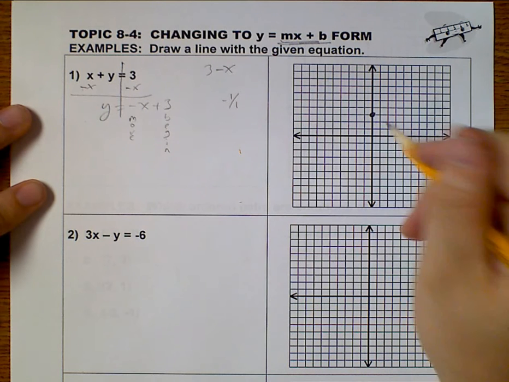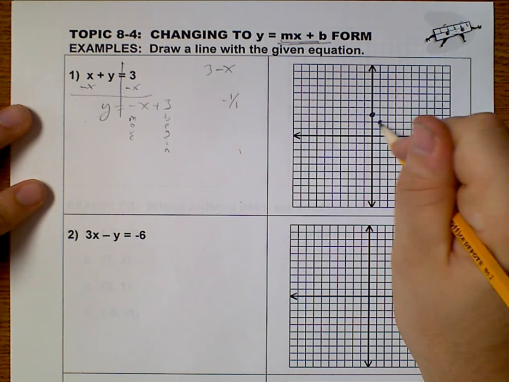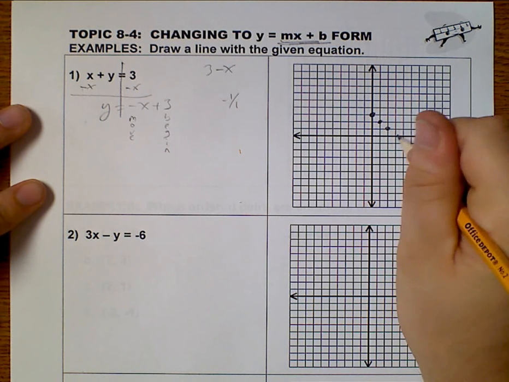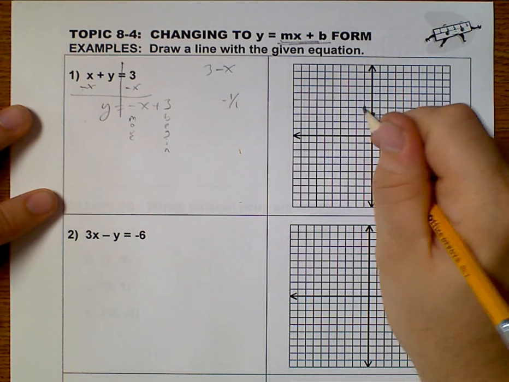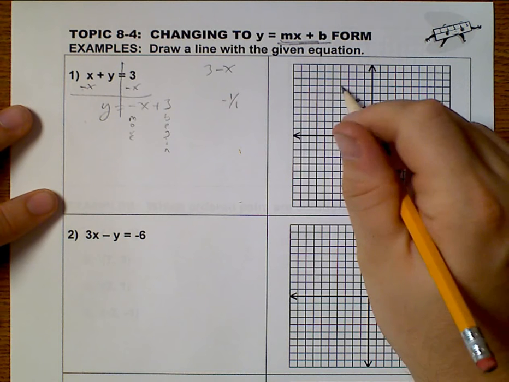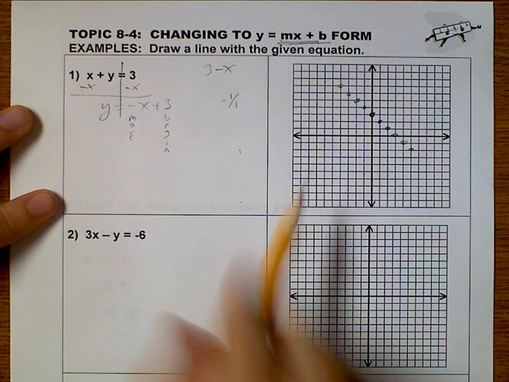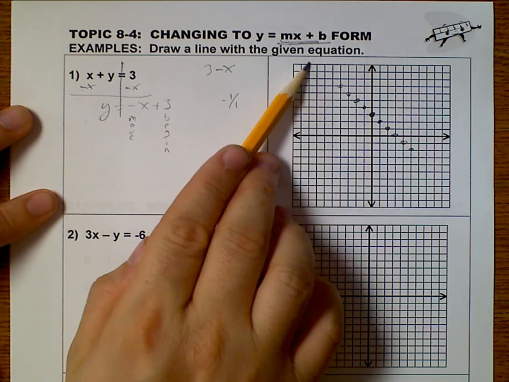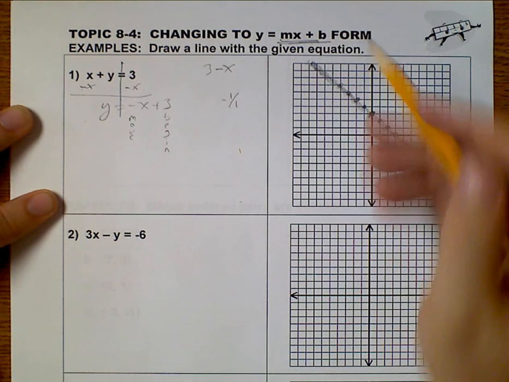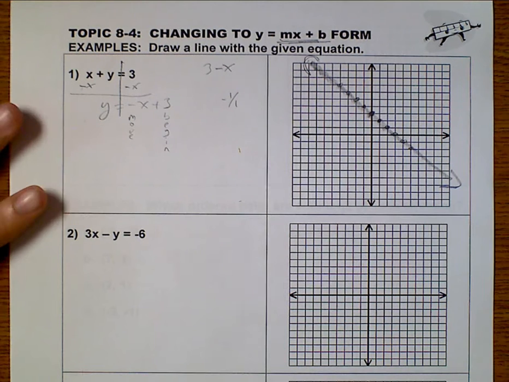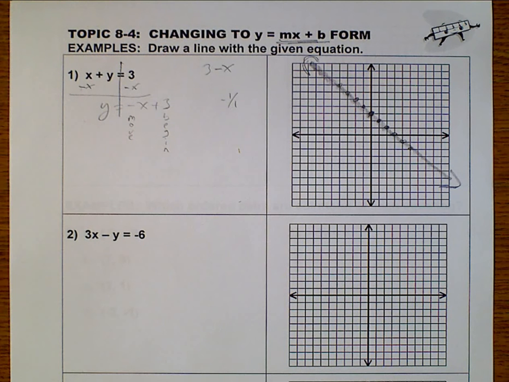So I fall 1 and run 1. I put several dots on the page and go ahead and draw my line. And there we go. Again, make sure that your dots are very clear so I can double check the placement of your line.